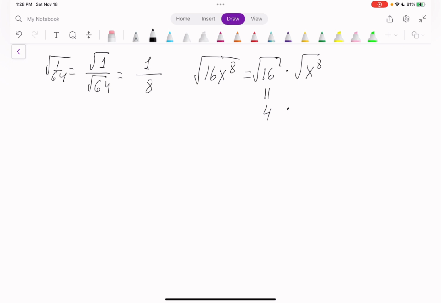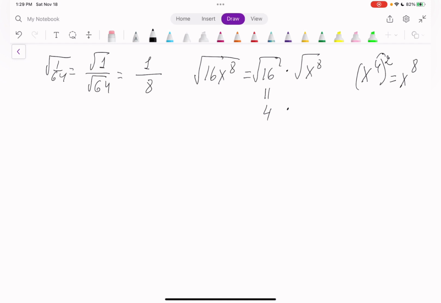X to power 8, since we are taking square root of a power, remember what do we have? When we have x to power 4, power to power, what do we do? We multiply, right? 4 times 2 is 8. Now, to get the opposite operation of square root, we need to divide. We don't take literally square root from the power. We divide by 2.